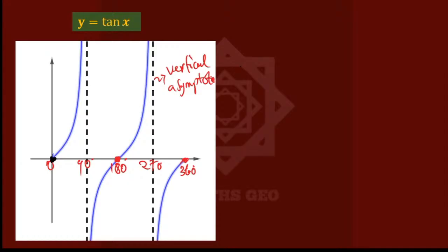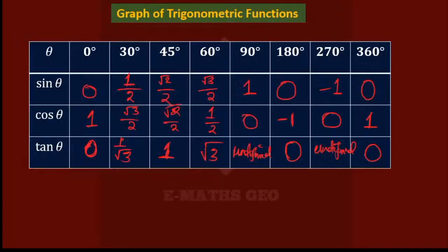Let's now move to the other ones, because from the table you have only 3. Let's use the knowledge of these 3 to plot the other ones. How do you plot, especially sec and cosec?